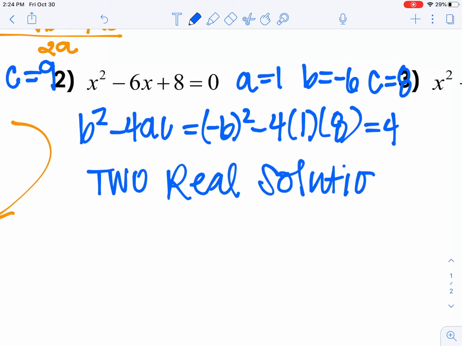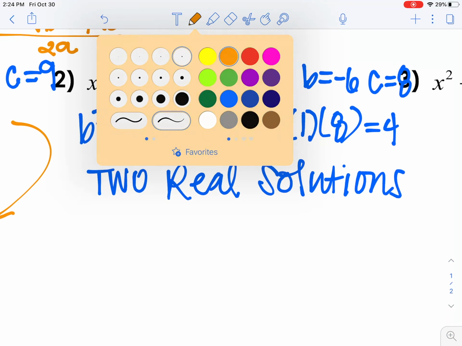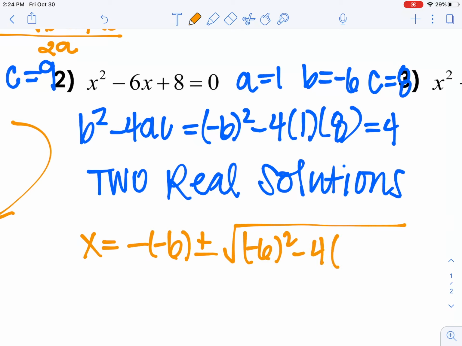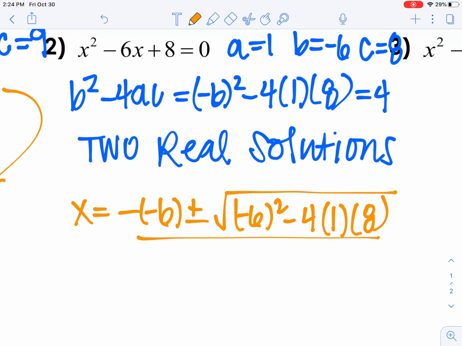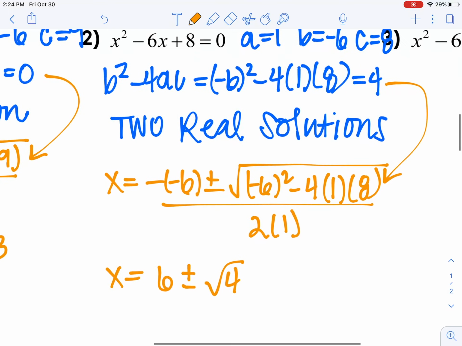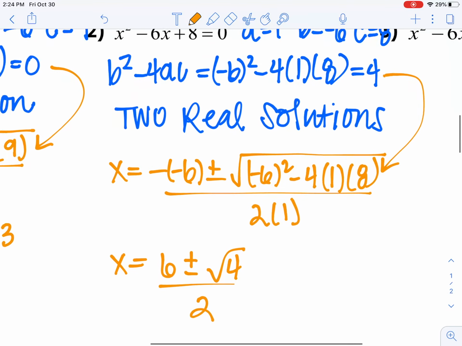So 2 intercepts. So now if we're going to use the quadratic formula to find those, we'd say x equals negative b plus or minus the square root of b squared minus 4ac all over 2a. Well, again, we know that discriminant is what's under the radical, so we know this will be positive 6 plus or minus the square root of 4 over 2.